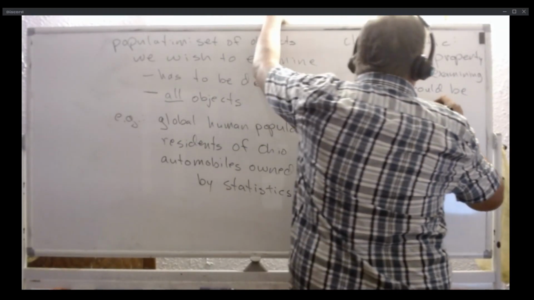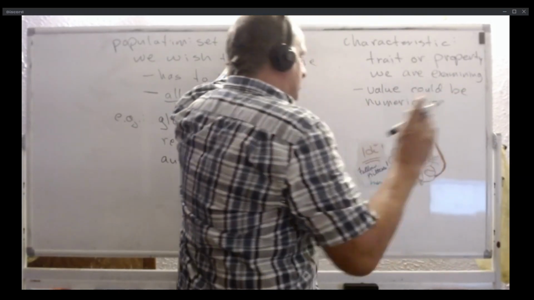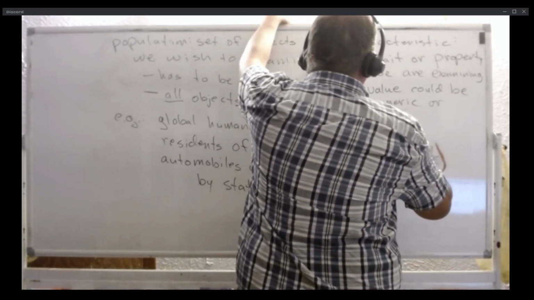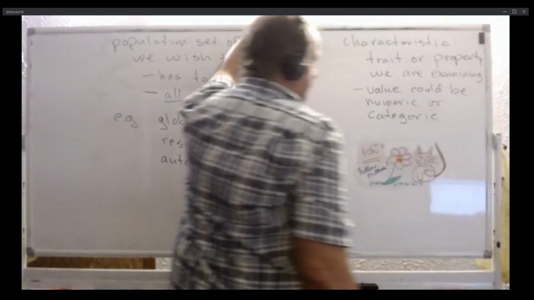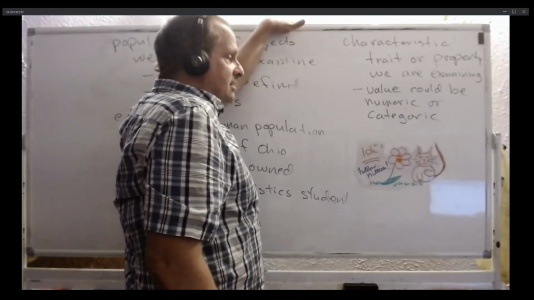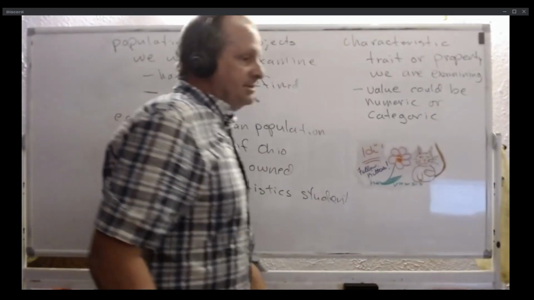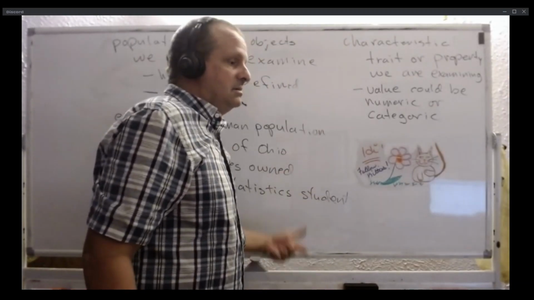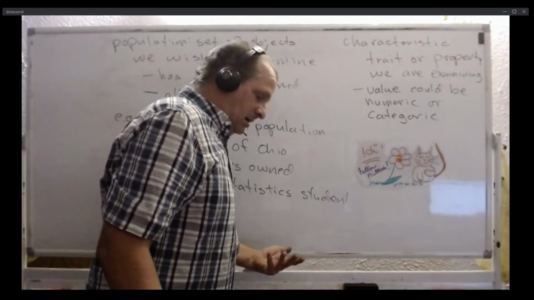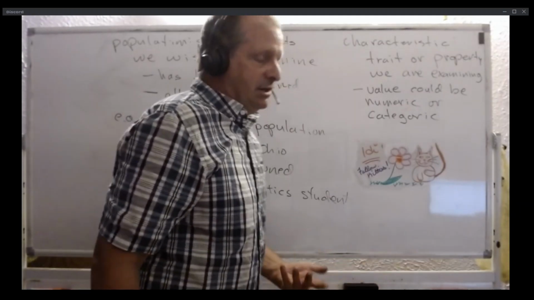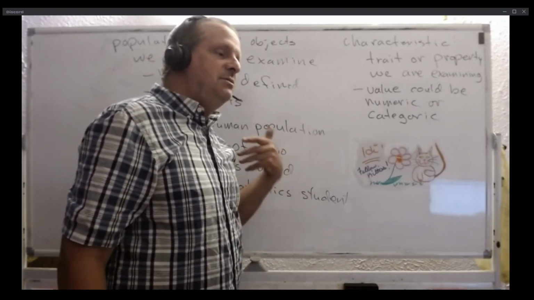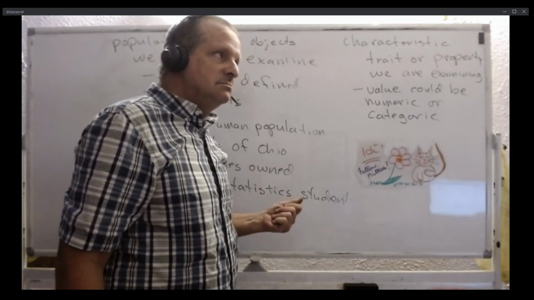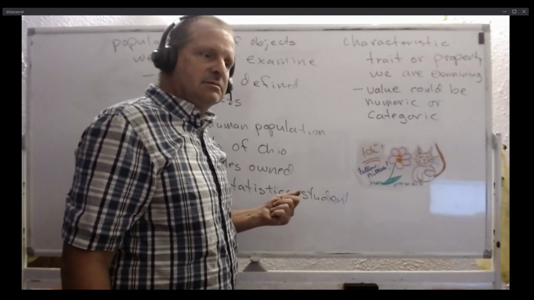Could be numeric, or the other term is called categoric. Okay. Categoric is eye color, hair color. What kind of car do you drive? In other words, non-numeric. Do you see that?